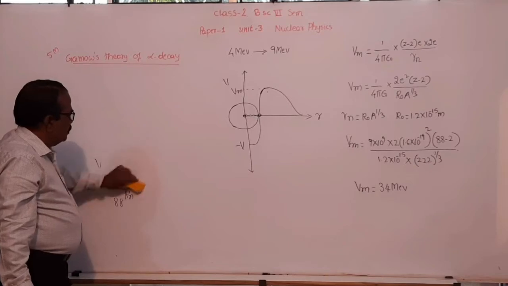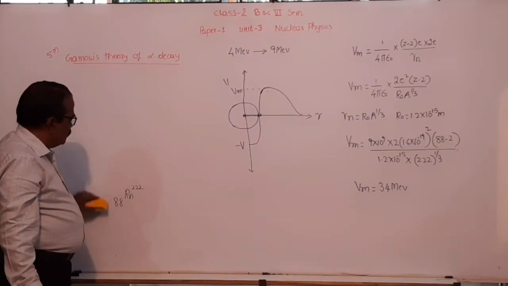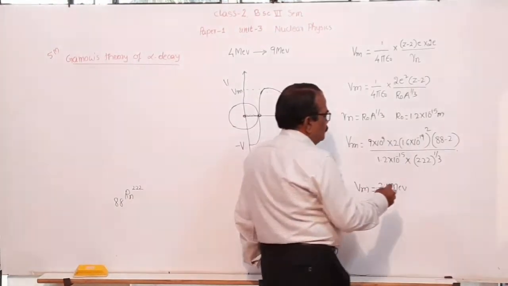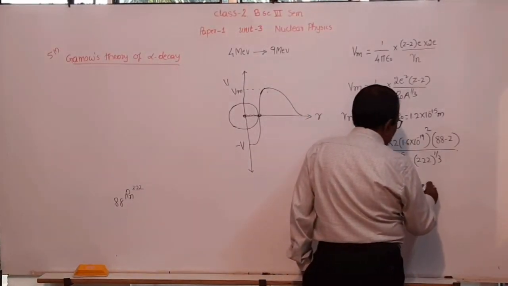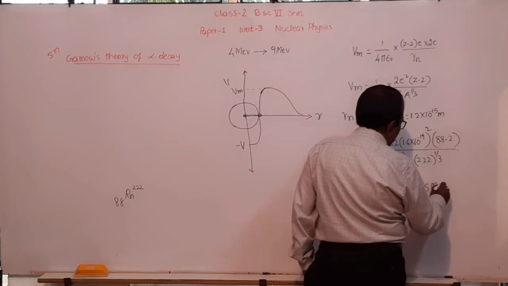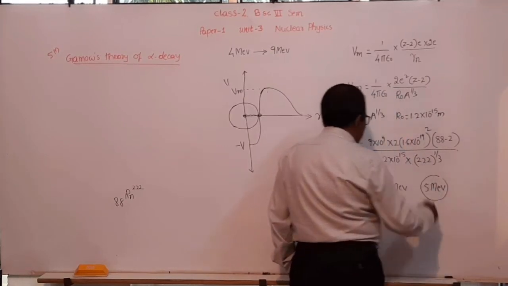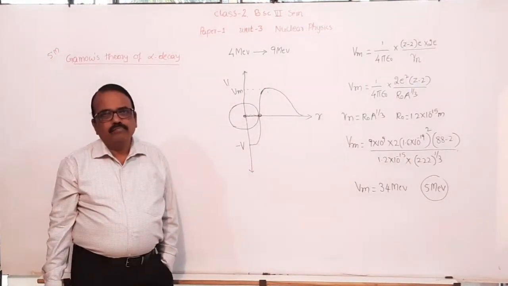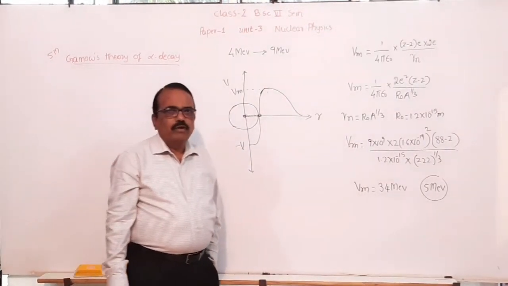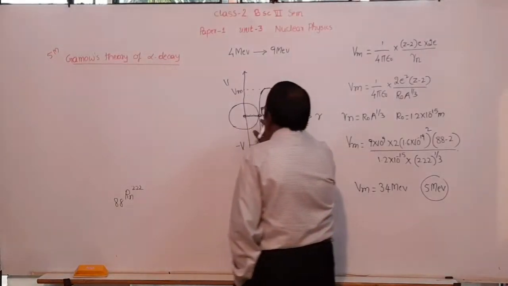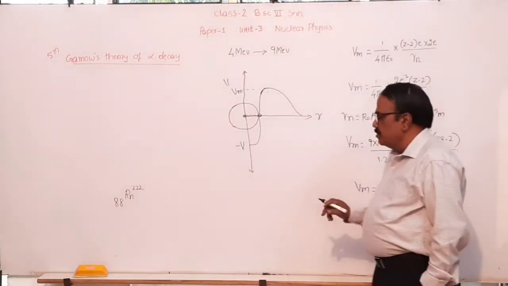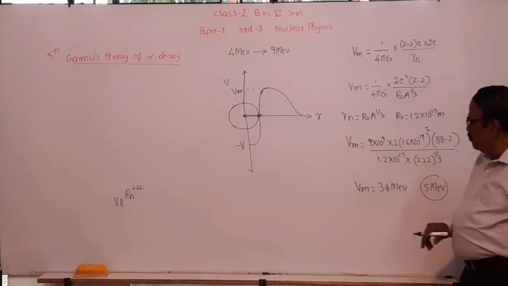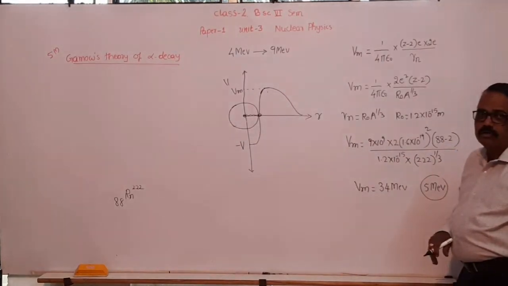But if you calculate the disintegration energy of this element, it is 5 mega electron volts. So according to classical mechanics, for an alpha particle to come out from the nucleus, the minimum energy required is 34 mega electron volts.